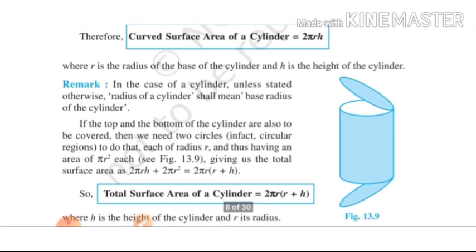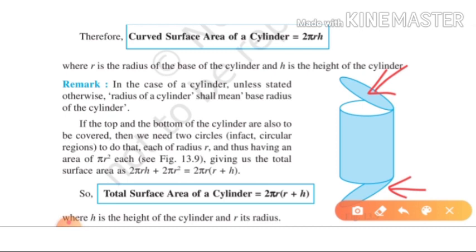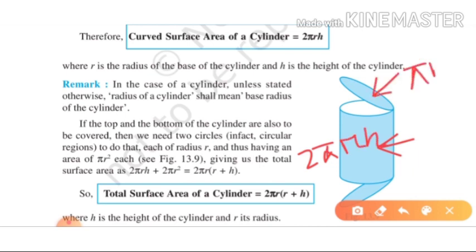Now when we consider the total surface area, we consider the base and the upper part, and you can see these two are circular regions. This was the curved surface area, and now we are talking about the total surface area. So this is twice pi r H, the curved surface area, and this one is a circle, so it is pi r square, and below is also a circle, so the area of a circle is pi r square.